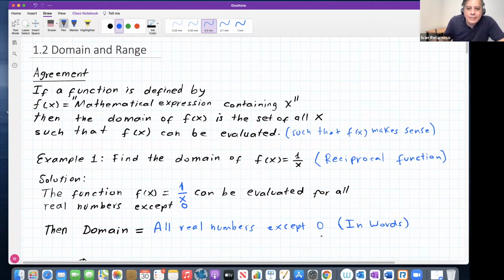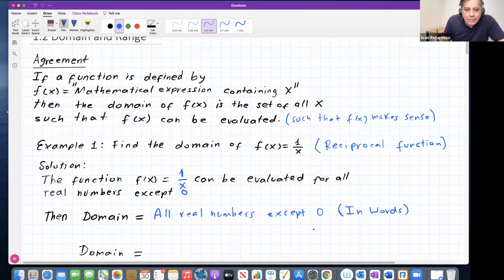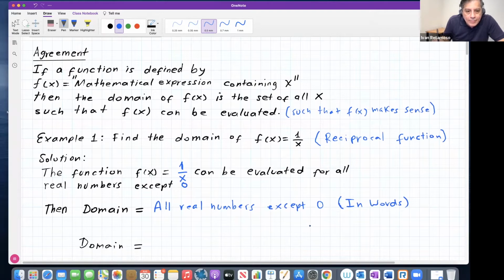All real numbers except 0. But now, you know, mathematicians are minimalists, right? They don't like many words. Instead, they like symbols. So they have alternatives to express this by using intervals and then using some so-called set builder notation I will talk to you about.